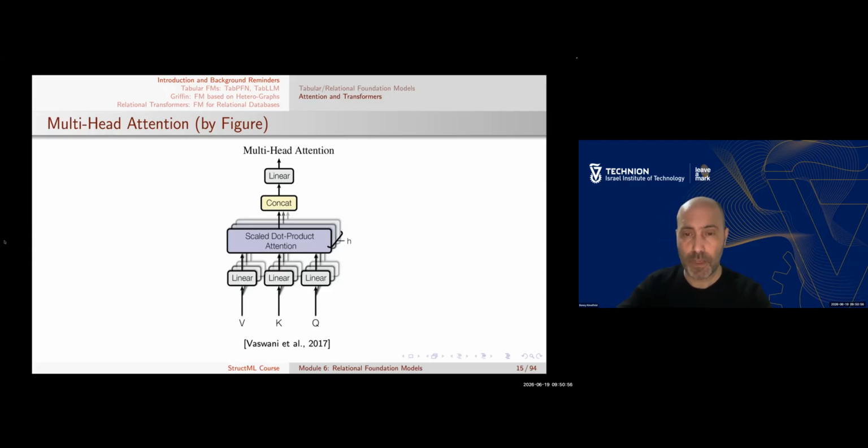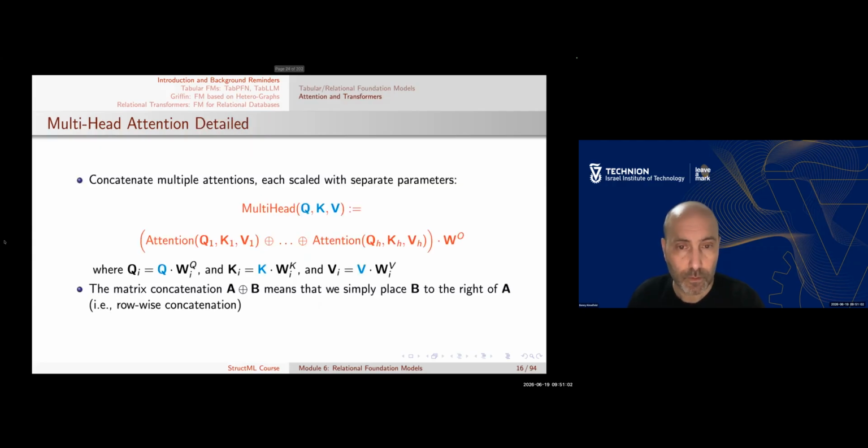We basically extend the receptive field of the attention. So it looks like that. Attention of different Q's, K's, V's, but they all come from the same original Q, K, and V, each multiplied by a separate weight matrix in order to reorganize the data.